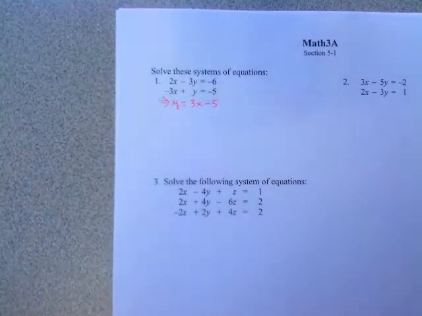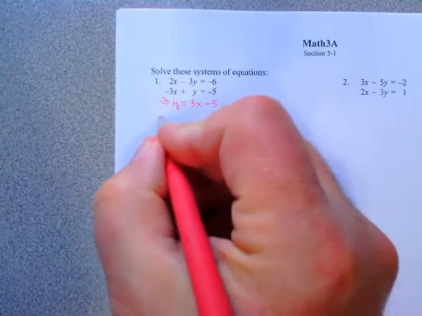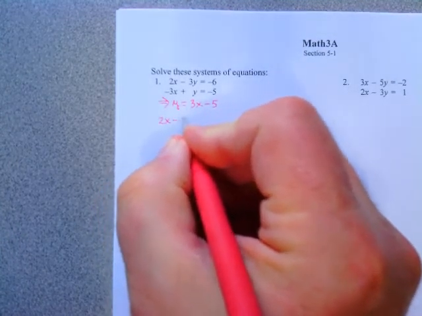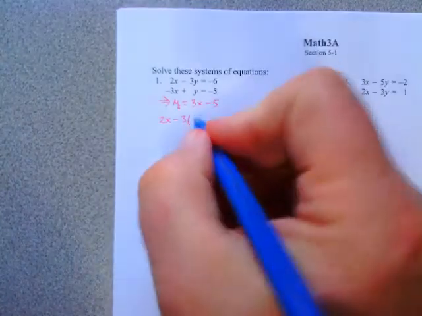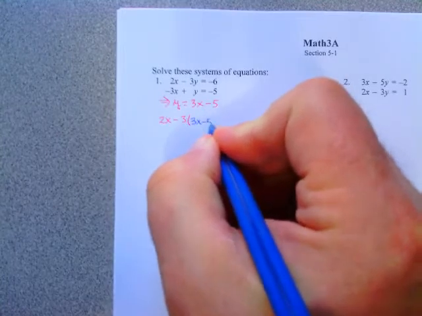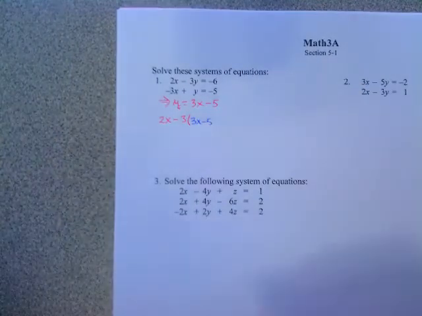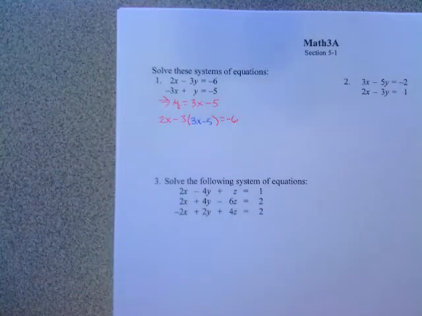I am now going to substitute that into the other equation. So 2x subtract 3, and then in here I'm putting my 3x subtract 5, and then that equals negative 6. So I have one equation and one unknown.